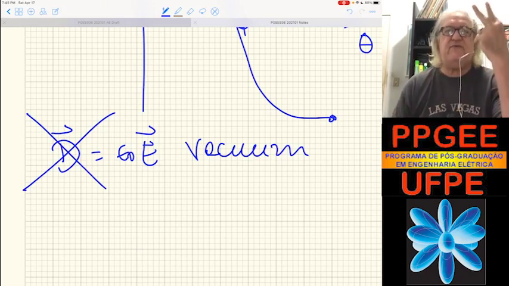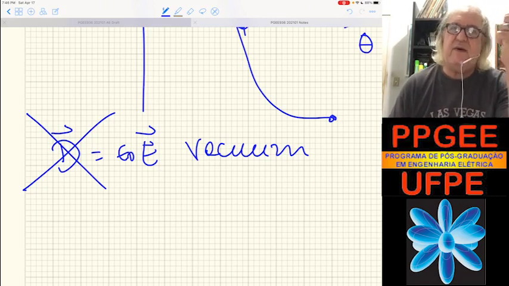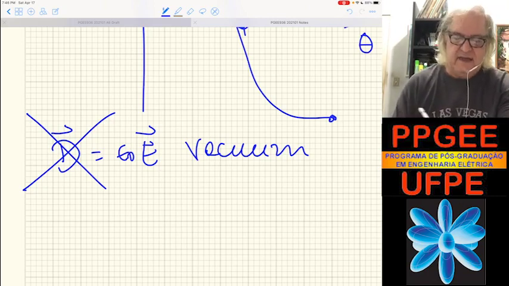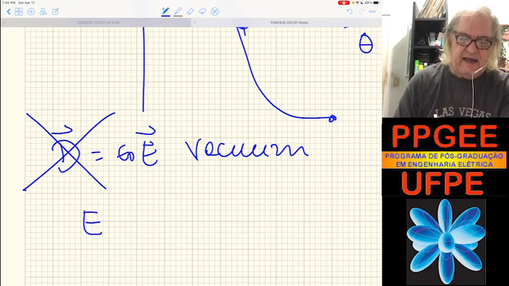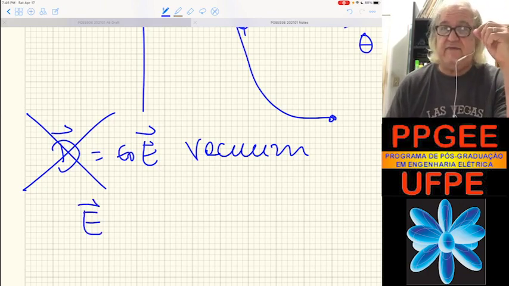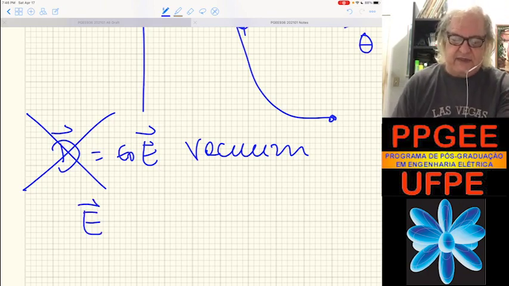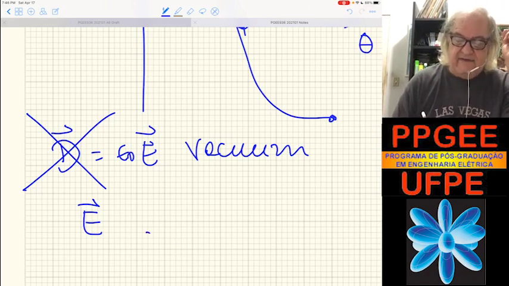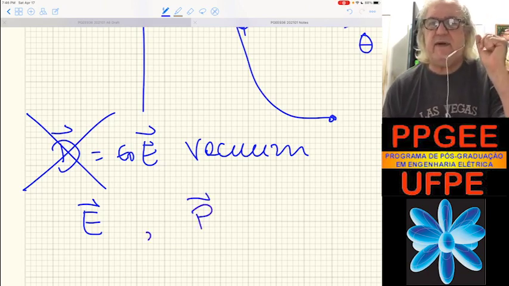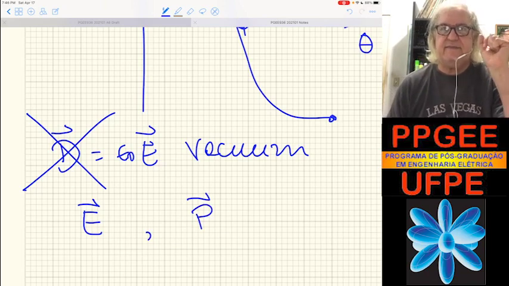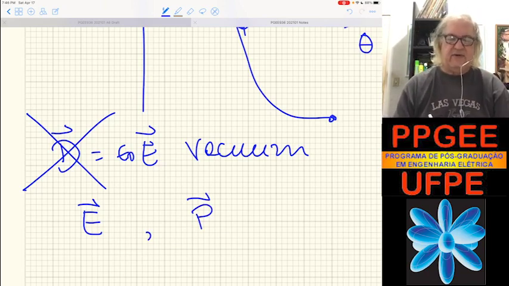So far I have two field quantities, one due to the matter, and one is the field. I'm talking about the field vectors. We have an E field, and we have also now a new element that appeared, which is the polarization vector, right? So we have to have a connection between those two things here.